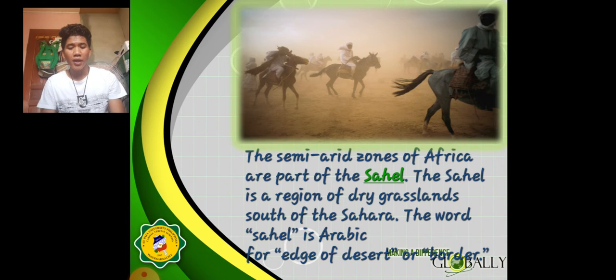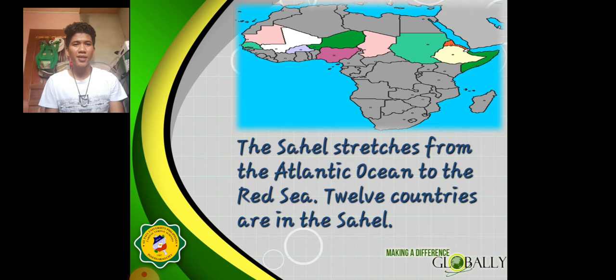The Sahel is a region of dry grassland south of the Sahara. The word Sahel is Arabic for edge of desert or border. The Sahel stretches from the Atlantic Ocean to the Red Sea.